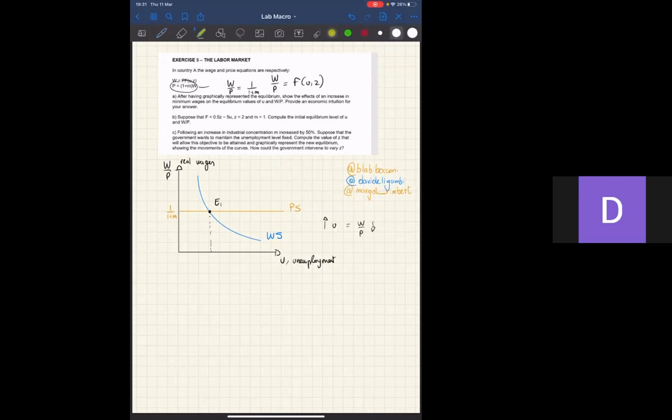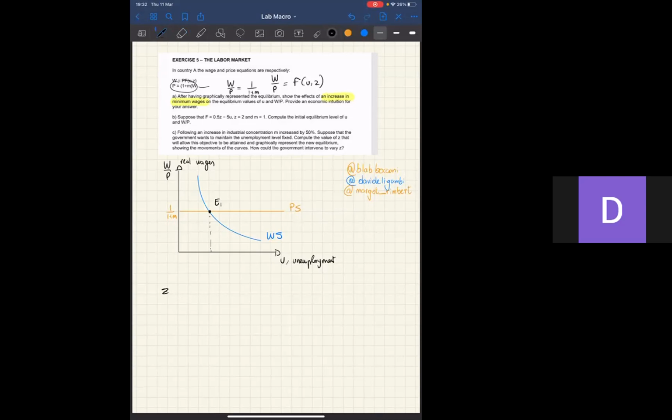And what they're asking us is to determine the effects of an increase in minimum wages. And here is what I was telling you before: minimum wages are incorporated in our model in the catch-all variable. When you think about this catch-all variable, you have to think of it in two ways, in order to remember what it is actually catching.